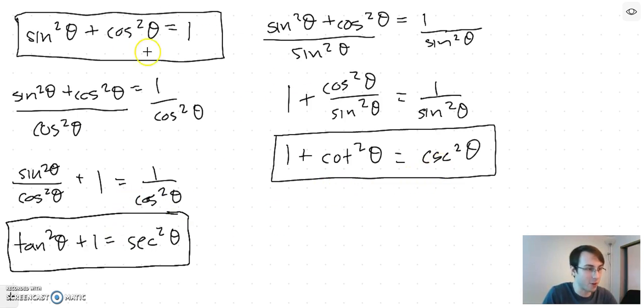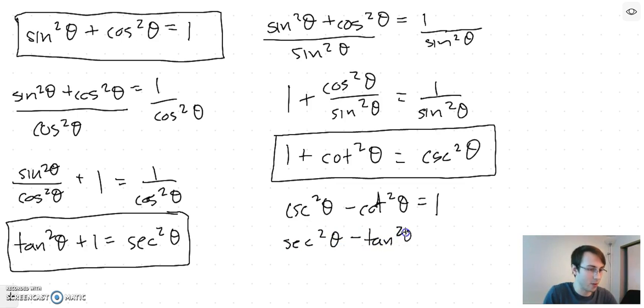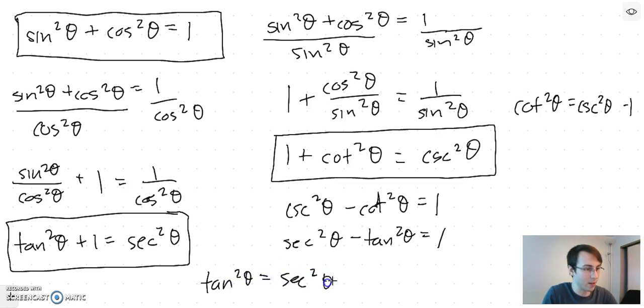So from these formulas, like we did with that one, you can say cosecant squared theta minus cotangent squared theta equals 1, or secant squared theta minus tangent squared theta equals 1, or you can write cotangent squared theta equals cosecant squared theta minus 1, or tangent squared theta equals secant squared theta minus 1.